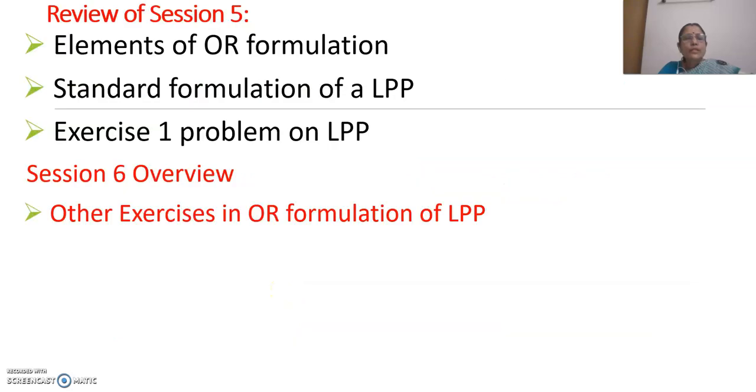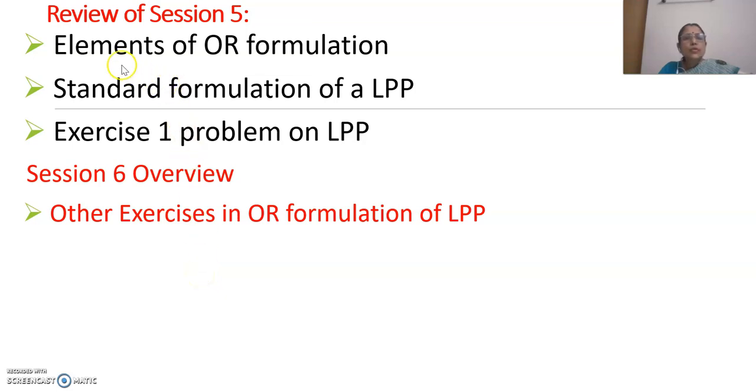Now in the last session we had seen what are the elements of OR formulation. Basically three elements we have studied, which are identification of decision variables, formulation of the objective function for the problem, and formulation of constraints for the problem.